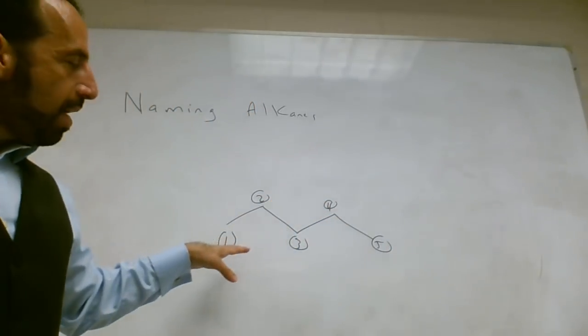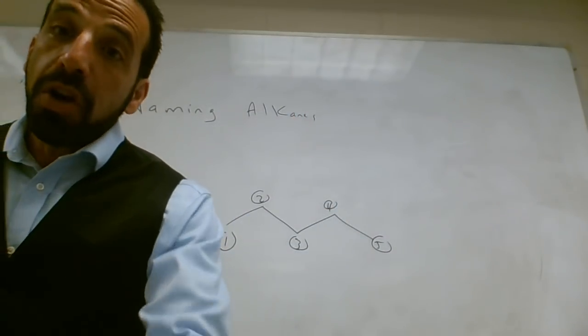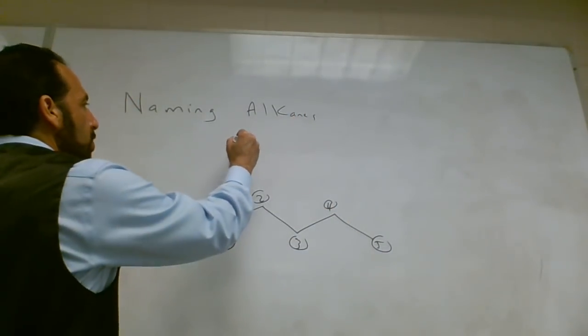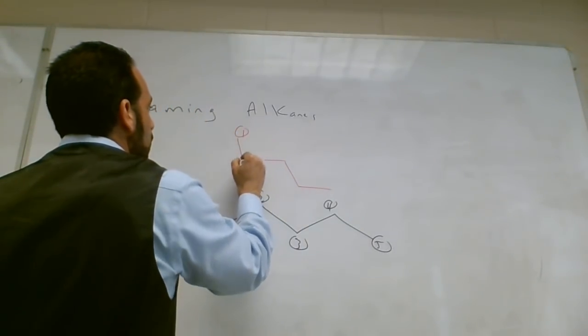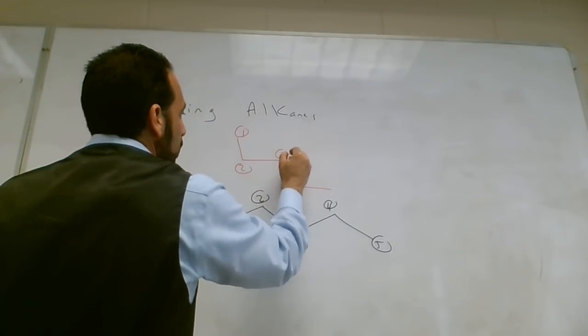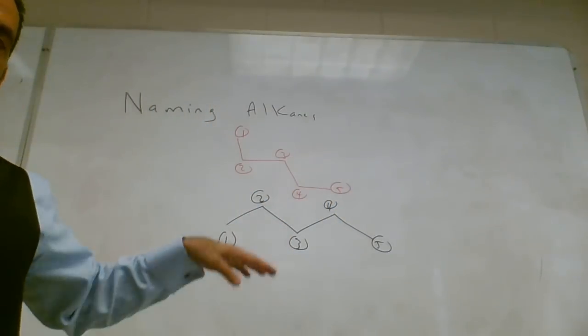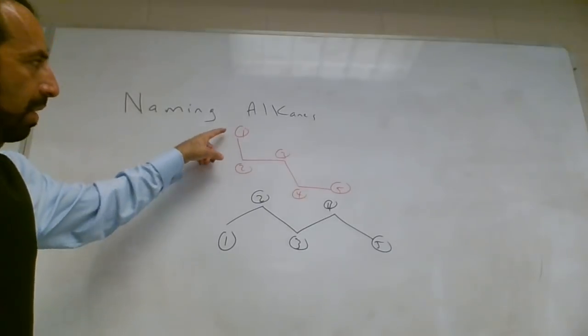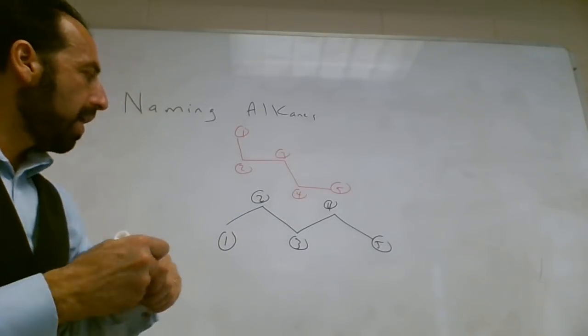So there's other ways to draw this skeletal figure right here, even the regular one too. We can draw it like this too. Let me try and draw it in contrast. So 1, 2, 3, 4. So even though that shape is different, there's still 5 in a row that's still going to be pentane. I could do it again.